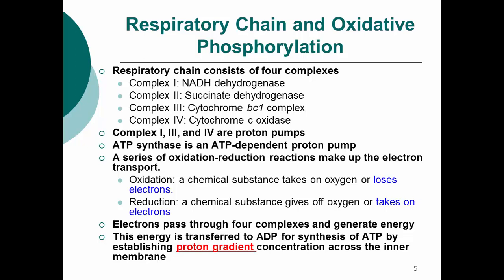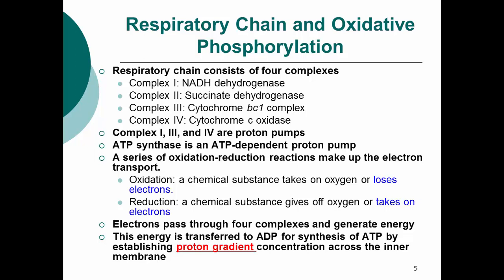But you need chemical reactions to convert the energy from NADH, from reducing equivalent molecules, to ATPs. The electron transport chain is the place that converts energy from reducing equivalents to ATPs.